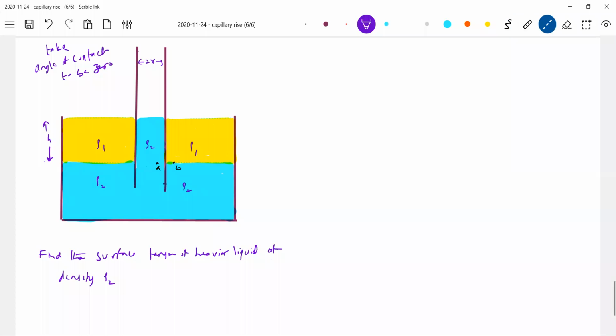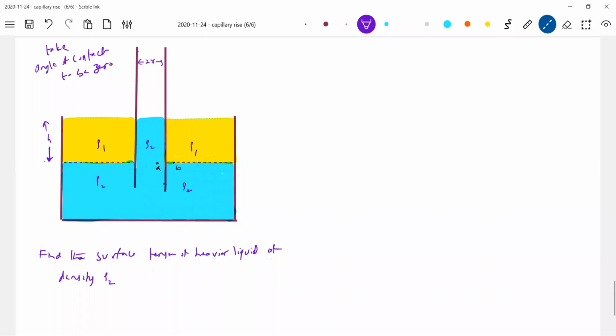Because B is at the interface. What is the state of the liquid inside the capillary tube and in the container? It's at rest, so it's a fluid statics problem. If you draw a horizontal line inside a static liquid, pressure at all points on that line must be equal. Therefore, pressure at A must be equal to pressure at B.